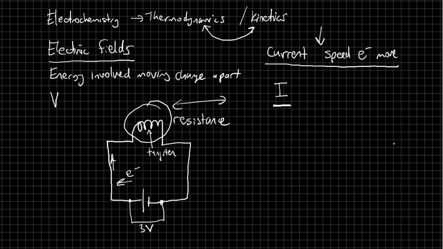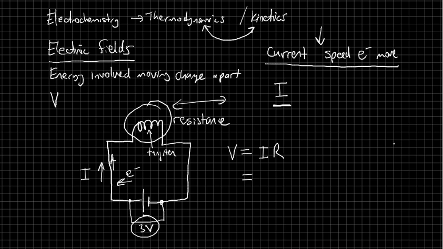Now the flow of those electrons gets converted into vibrations in the lattice of the tungsten, and that converts the electron motion into heat, basically, and light. And so we have this relationship now between the voltage here and the speed at which electrons are going around here, which is the current. And so the equation is that the voltage is equal to the current times some sort of resistance.